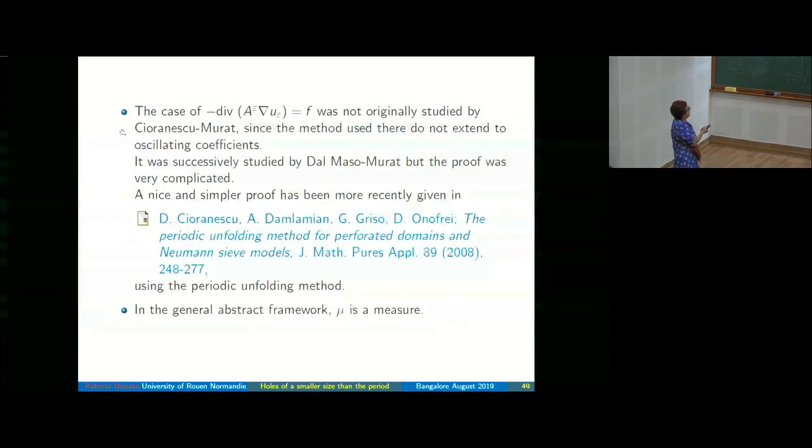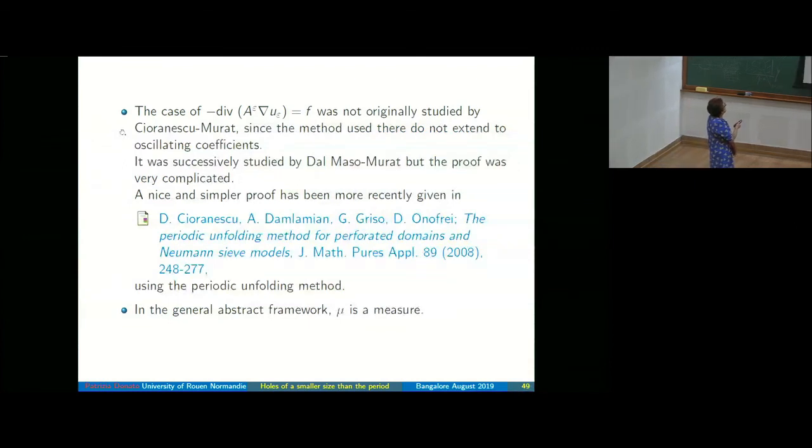Another remark is that actually this case of a_epsilon was not studied originally, and not by hazard, because they were not able to do that, because the test functions they used are not adapted to oscillating coefficients.